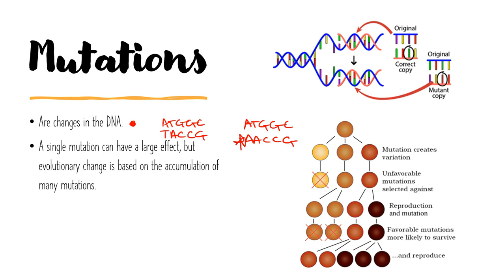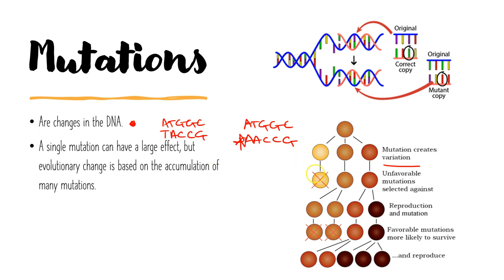These mutations can either have a small effect or a large effect. A single mutation may end up being what we call a silent mutation, where it's not really detected, but it may also create variation in the population. Okay, these variations may be favorable or unfavorable.